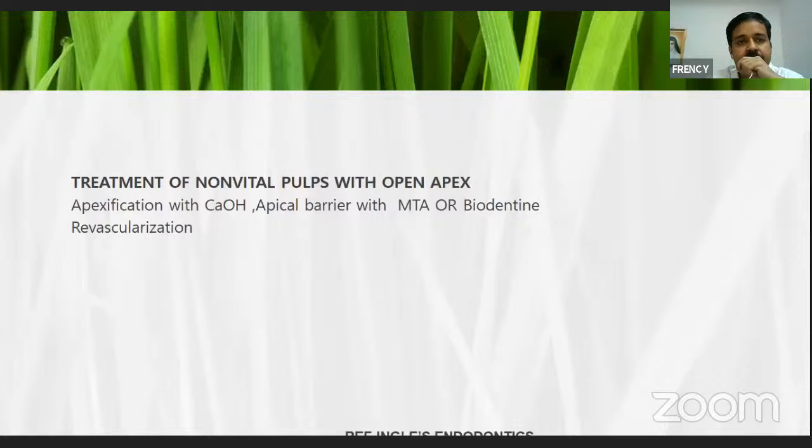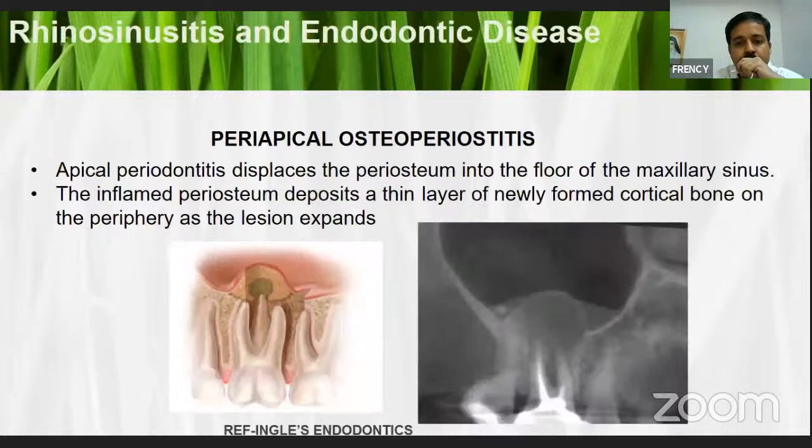You are artificially closing the apex, then you can directly go for obturation. Or if it is a severely immature tooth, you can even try the revascularization technique to get root closure.